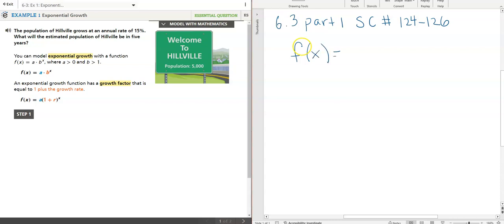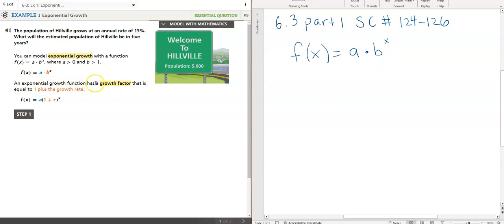So we still have our A. If you remember, our A was our initial value. Our B was similar to our slope, but at a constant rate, where we're doing an exponent instead of constantly adding, we're constantly multiplying that rate.